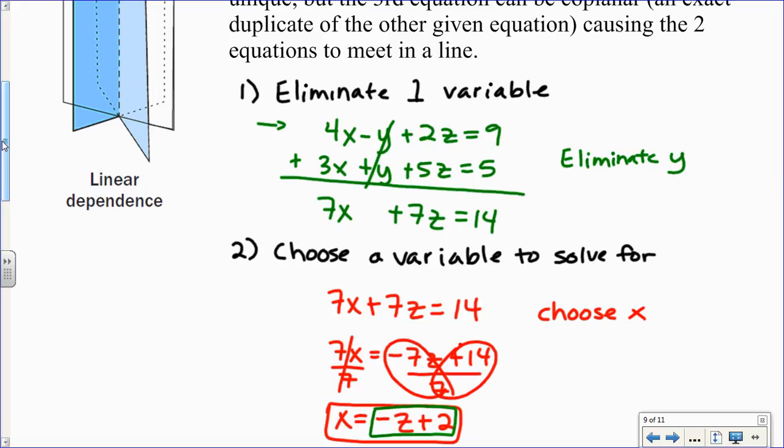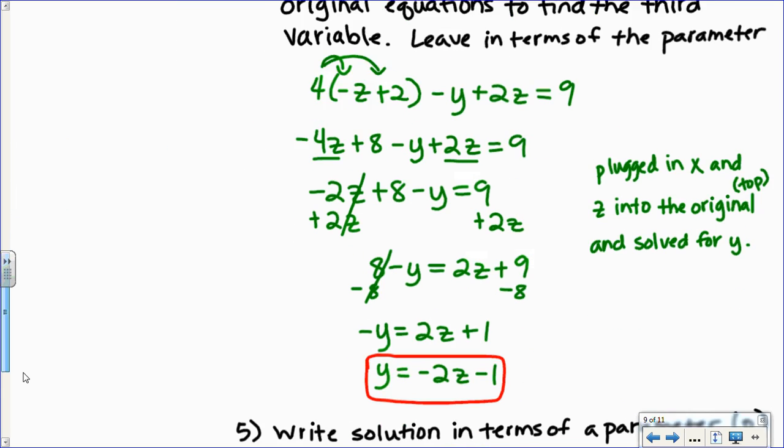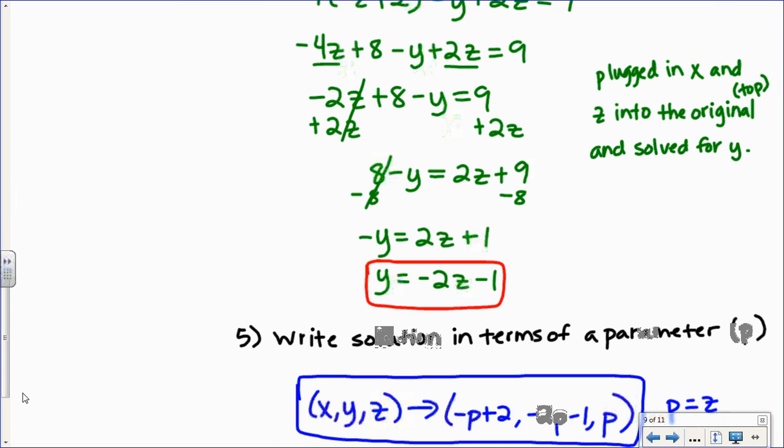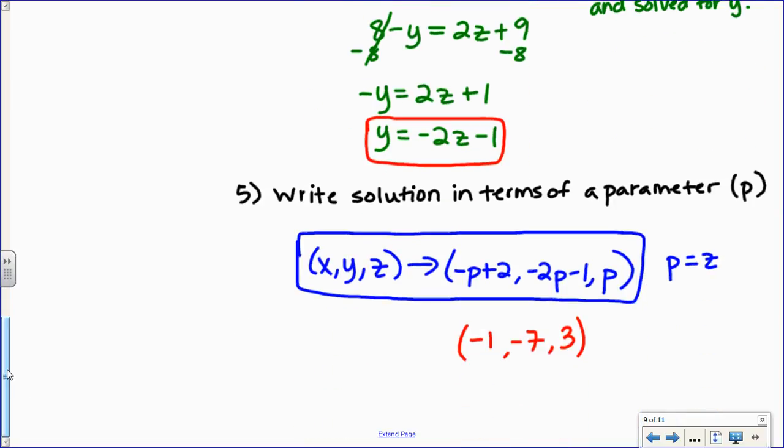How do you do the ordered triple? Oh, yeah. So I just picked a P. I picked a number for Z. And this is why there's infinitely many solutions, because I can choose anything I want for this.